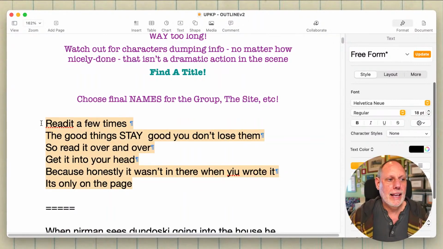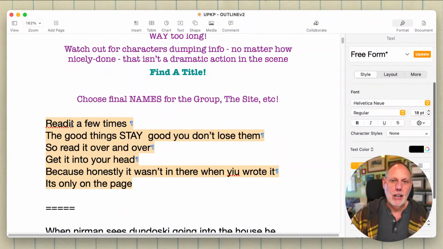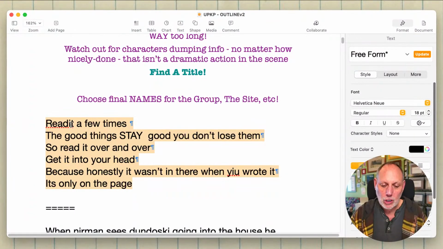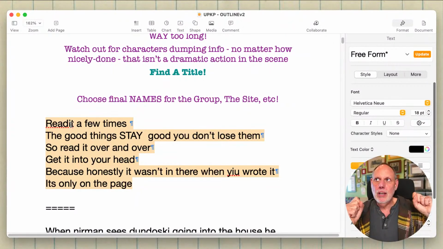Okay, this is just something I had to tell you, which is that you need to read these things over and over and get it into your head. The most important thing is to work with what you have, to actually work with the script, not with the plan for the script, not with what you think the script can be.